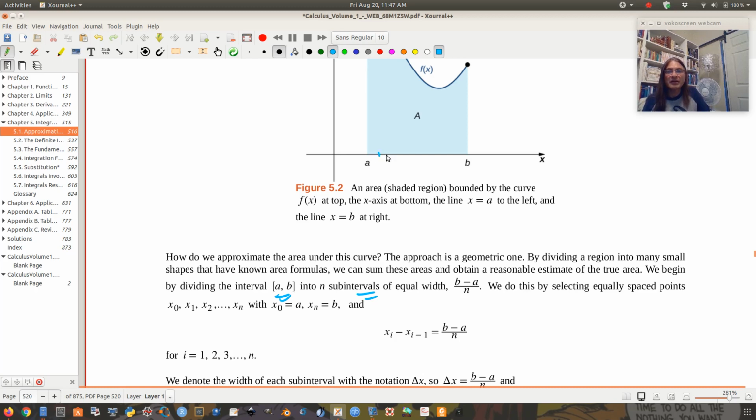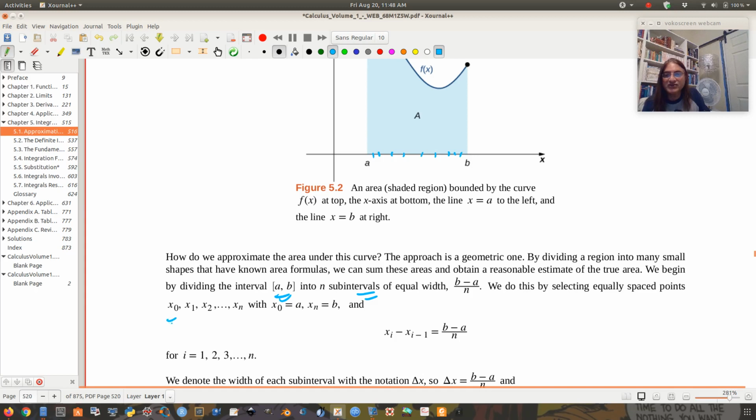So this is 1, 2, 3, 4, 5, 6, 7, 8, 9, and 10. These will be equal lengths, of course, even though it doesn't look like it here. So the width of each one will be (b minus a) over n.